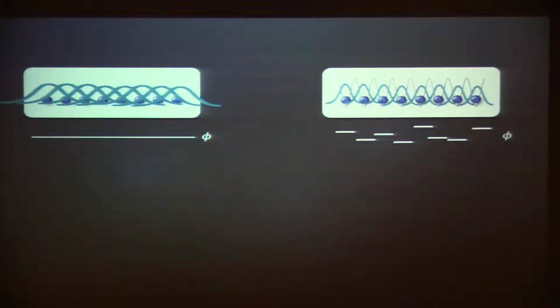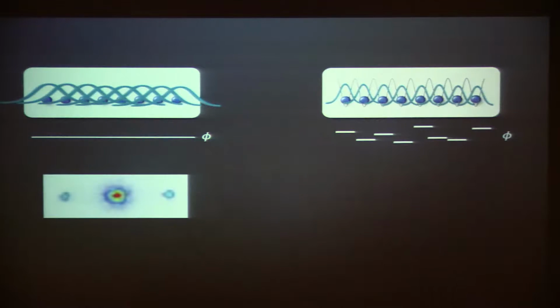If I turn the lattice off and let those atoms expand into each other, then I see very small peaks that are well resolved and show you the k vector of the lattice, which is built into the atoms' momentum function. One way to think about this is that all these Wannier orbitals overlap and interfere with each other, and this is just the interference pattern associated with a periodic wave function. Okay, so that's one way to think about what's happening.